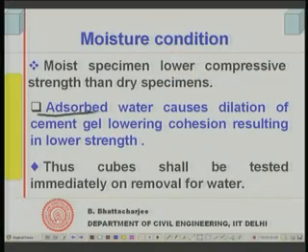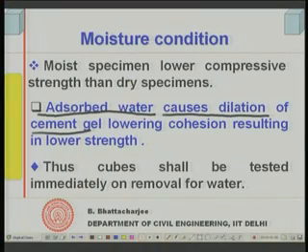You have more adsorbed water now, and this causes dilation of the cement gel. That means the cement gels get separated, they are spread apart, because the adsorbed water goes between them and pushes them apart. If you withdraw the water, they come closer, and drying shrinkage is because of that. In fact, when collapse of the gel layers takes place, that is shrinkage.